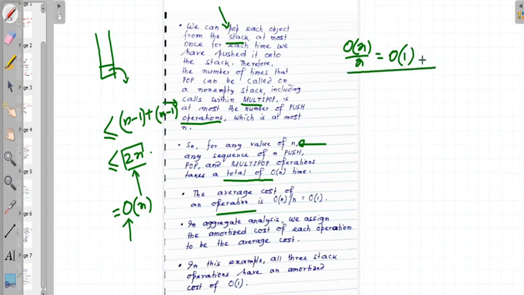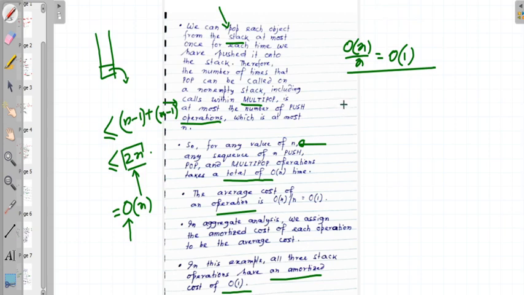So this is the amortized cost per operation, that means the worst case average cost. In this example, all three stack operations have an amortized cost of order of 1. That is the conclusion here.